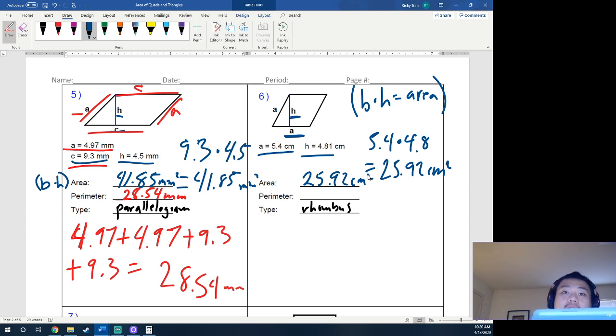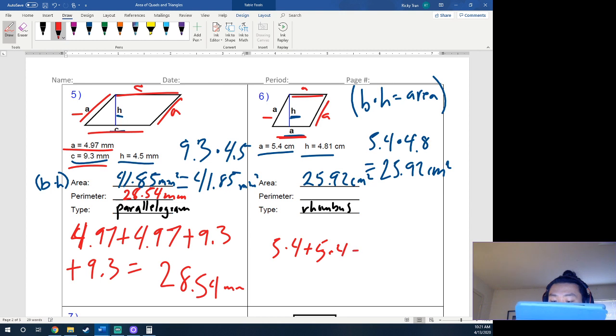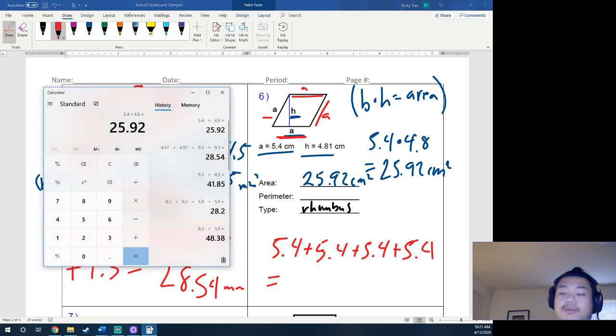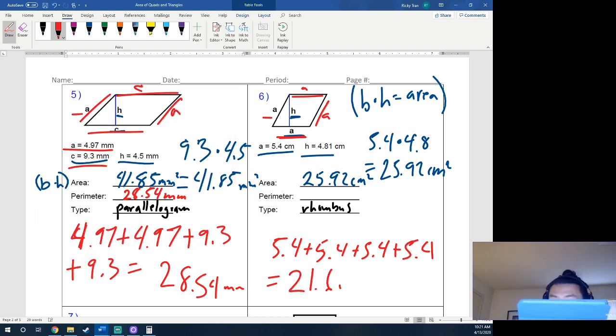Okay, with perimeter, you're just adding all the sides, and since all of your sides are the same, it's just going to be 5.4 plus 5.4 plus 5.4 plus 5.4, which is the same as 5.4 times 4. Oops, that's times 5 I mean, times 4. 21.6 centimeters.